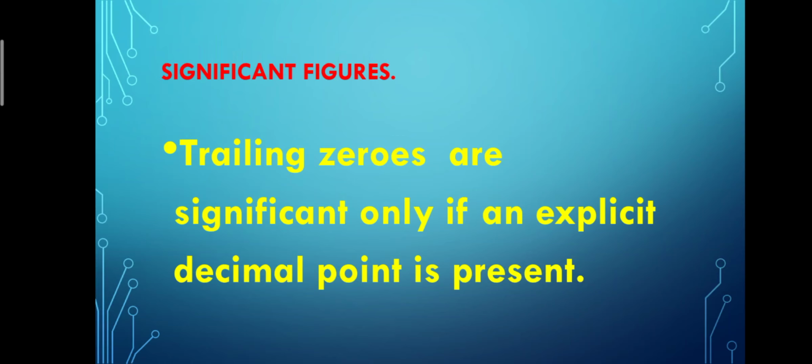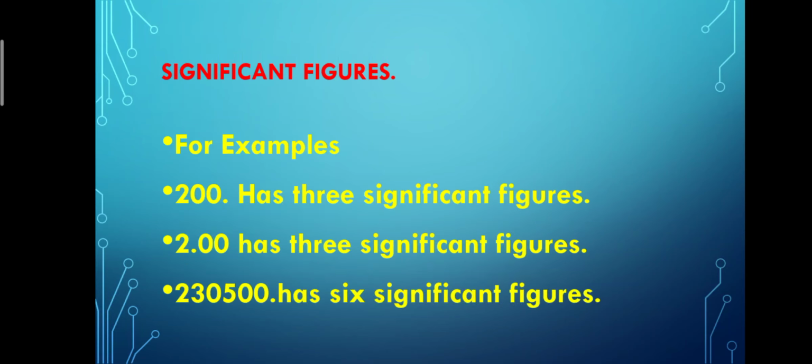Rule 3. Trailing zeros are significant only if an explicit decimal point is present. For example, 200. (with decimal) has 3 significant figures because of the trailing zeros in a whole number with a decimal shown.